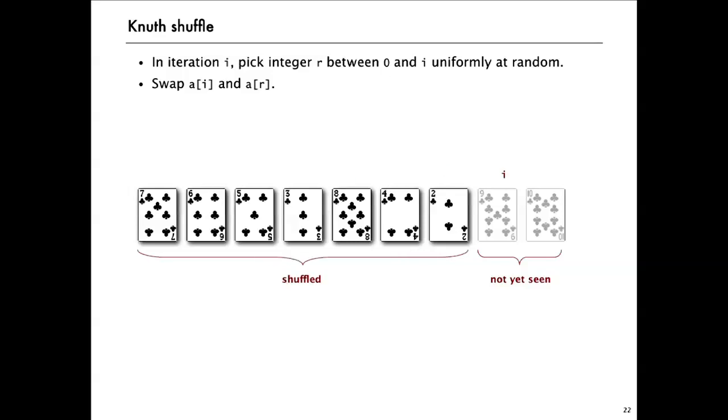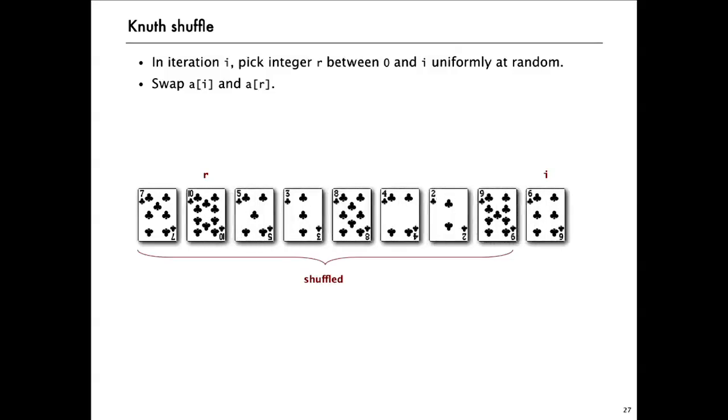The point is that the cards to the left of I are uniformly randomly shuffled. In this case, I and R are the same. There's no swap. Increment I, generate a random R, swap them, and at the end we have the deck shuffled. That's a linear time shuffling algorithm making use of randomness.